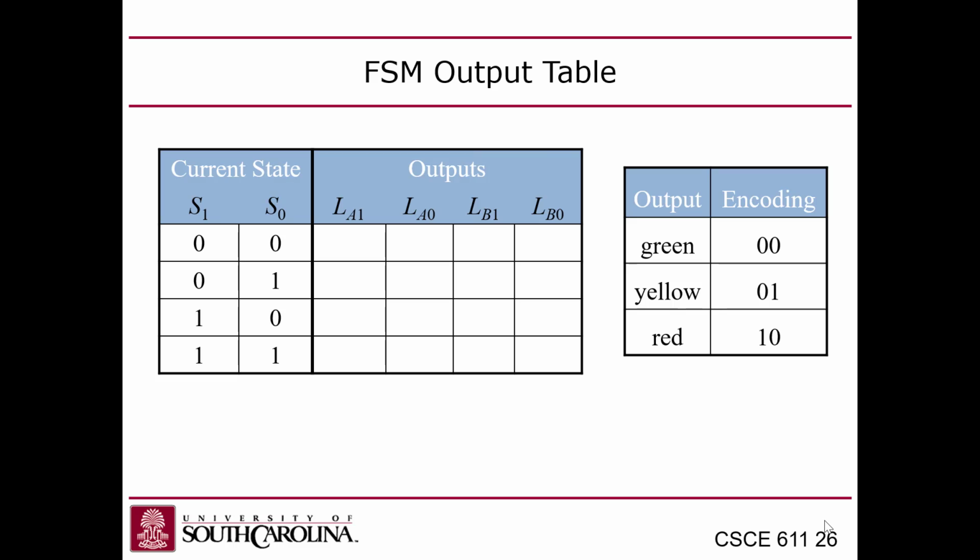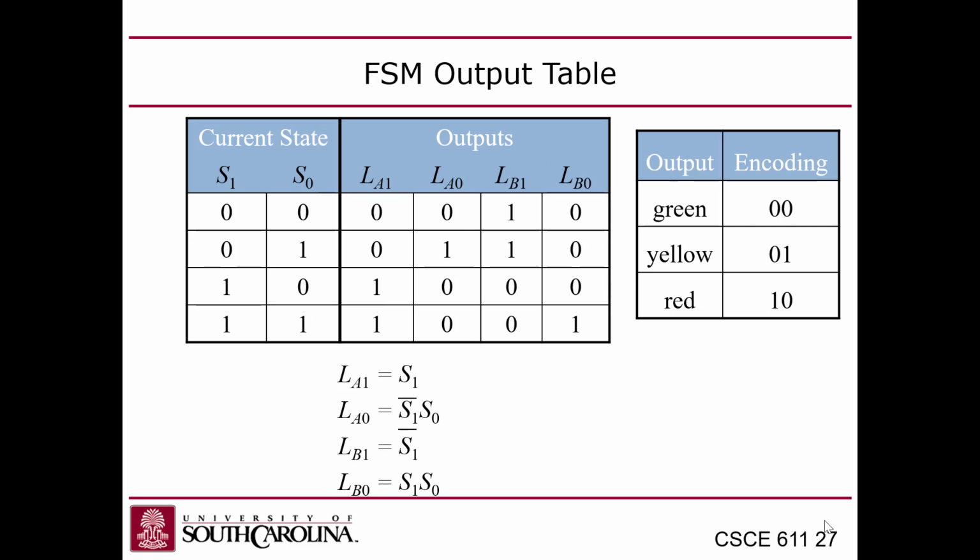So you've got the four states with their encodings, and then in this case there's four outputs. There's two 2-bit outputs, and then we've got four Boolean logic expressions that will generate each of the four outputs as a function of the current state.